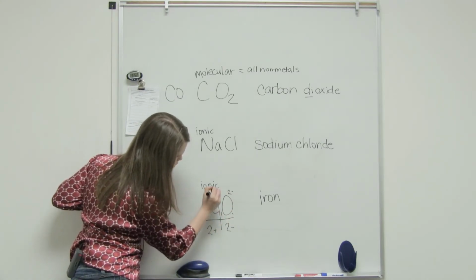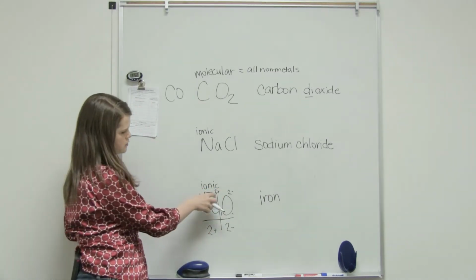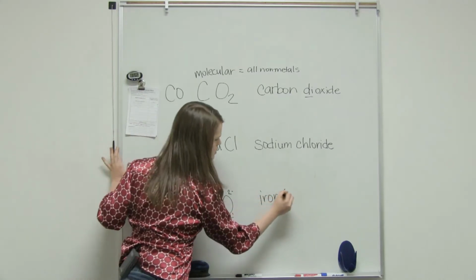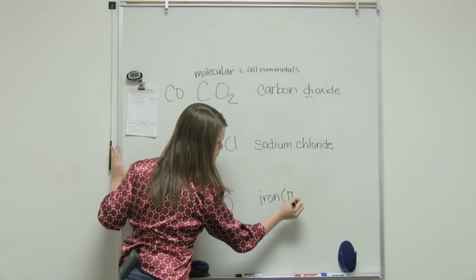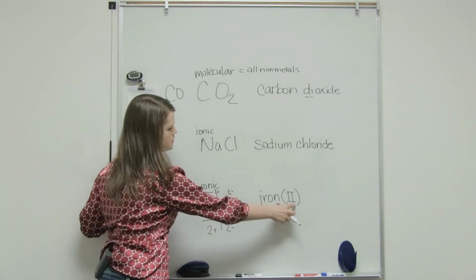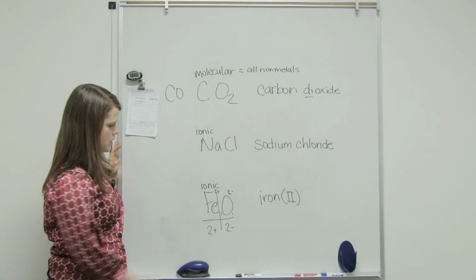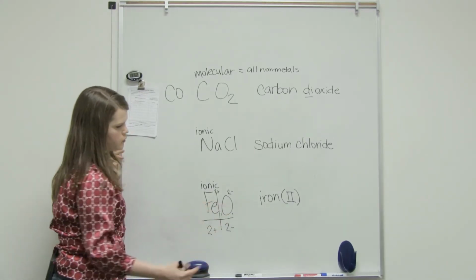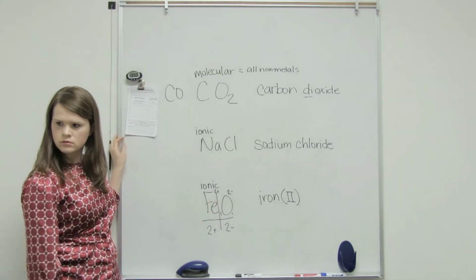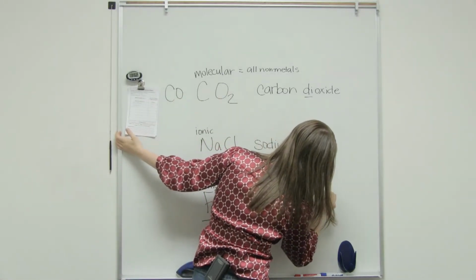Since there's one of them, he gets a +2. Alright? Okay. And so this is what we represent in parentheses. Oh, okay. I was gonna ask you about those. I didn't understand what the parentheses meant. He has a +2 charge. Okay. And now we state the other guy's name with an "ide" at the end. So oxide. Yep. Iron(II) oxide.